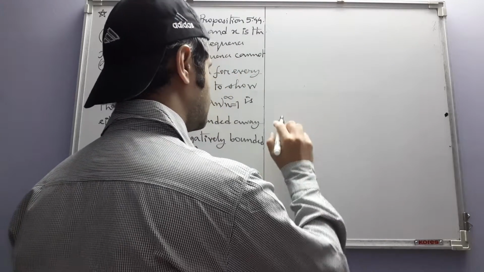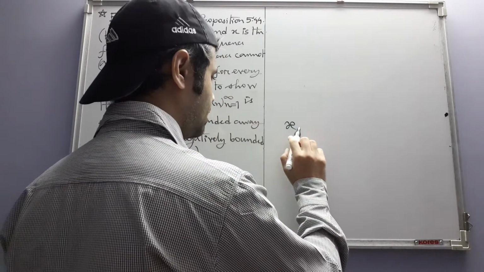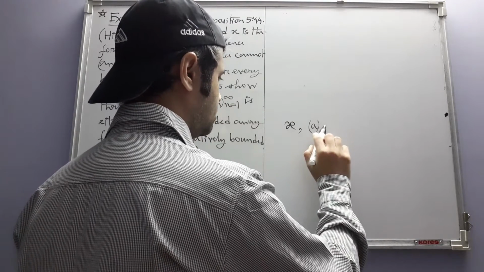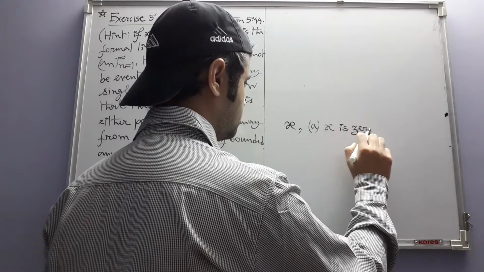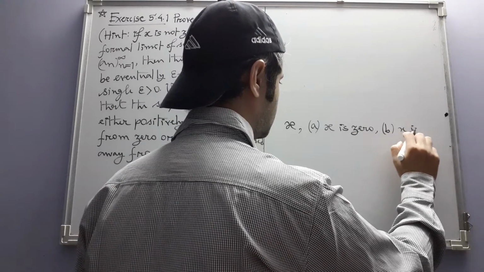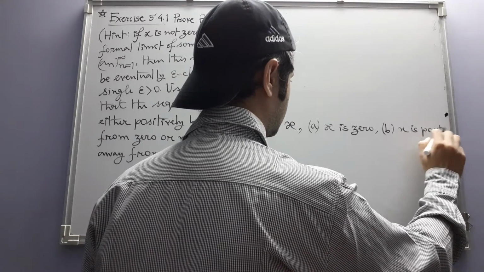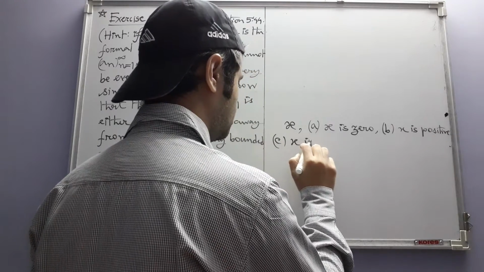It says that, say we have a real number x, then exactly one of the three statements is true. x is 0, x is positive, and x is negative.